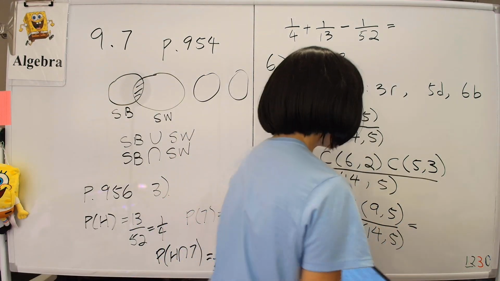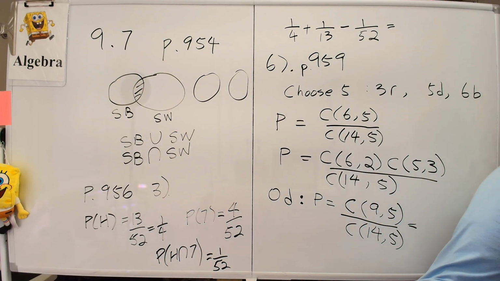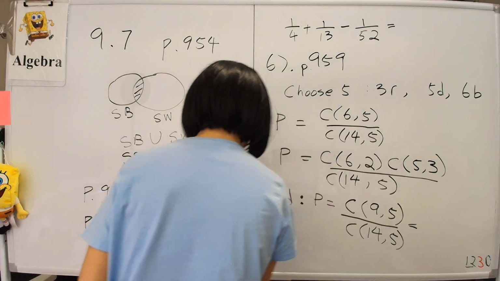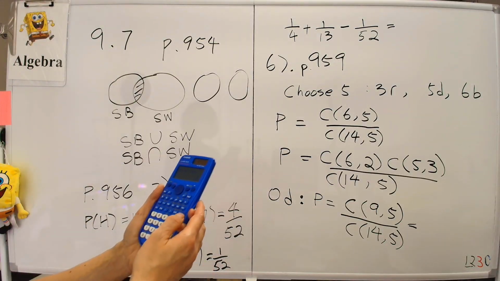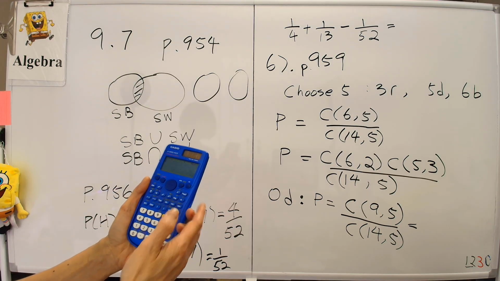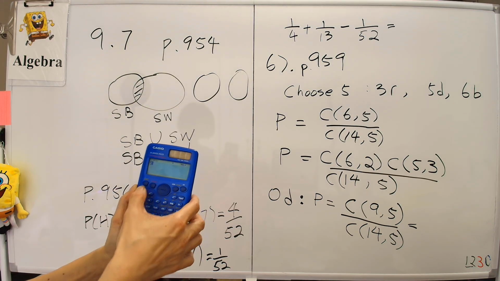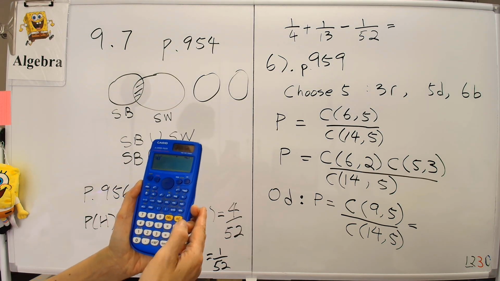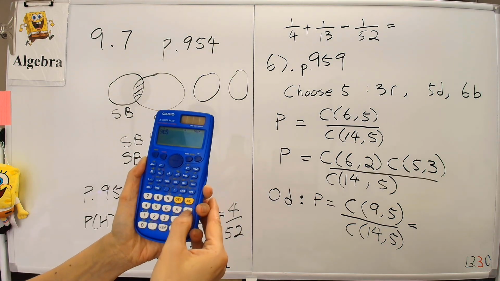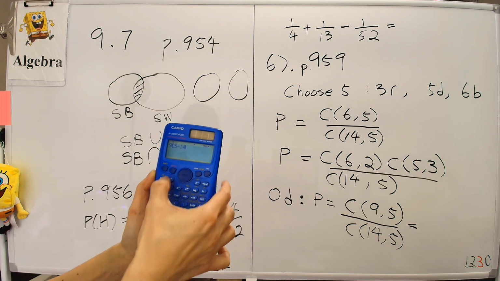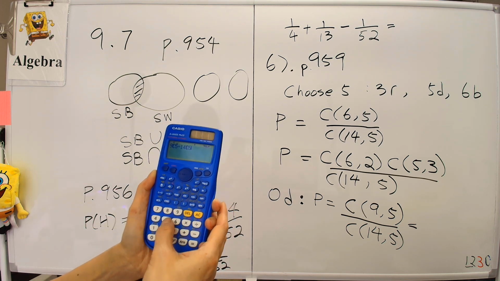And that will give us something. So let's figure out what that is. 9 choose 5, and then divided by 14 choose 5.